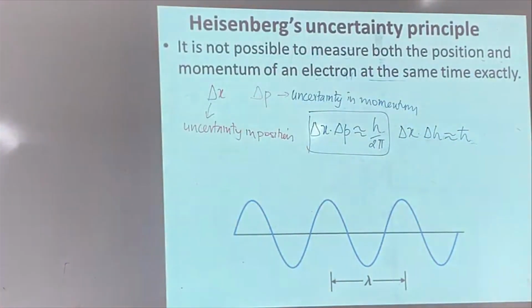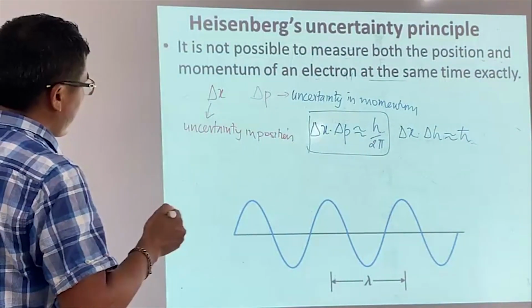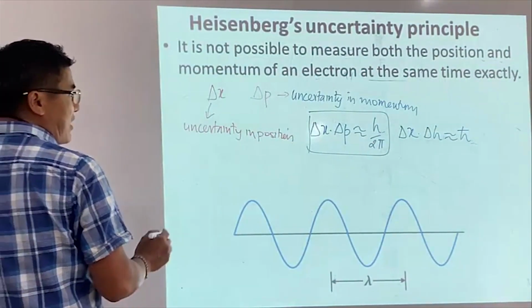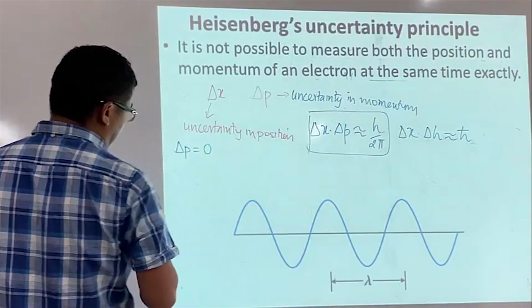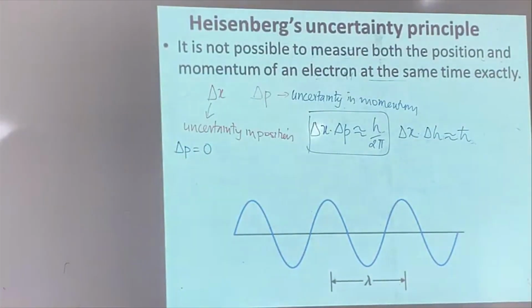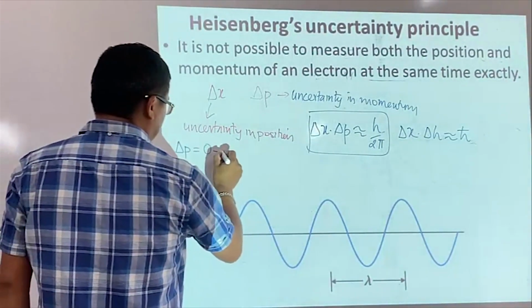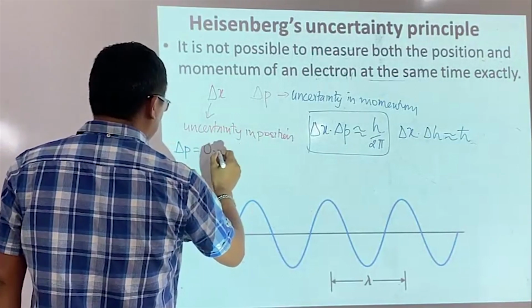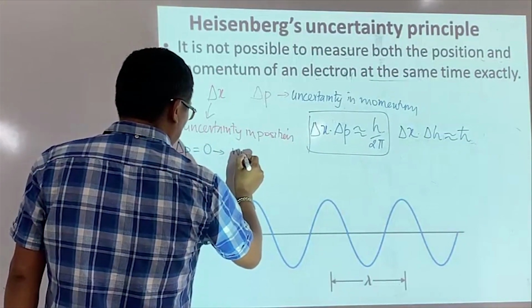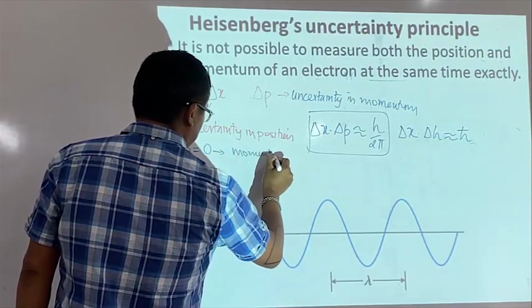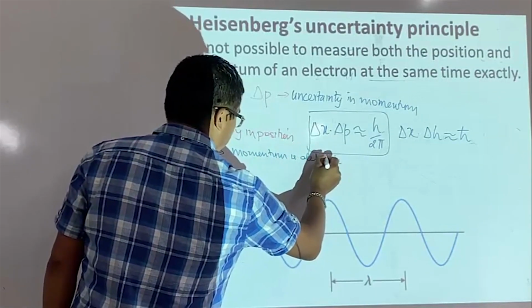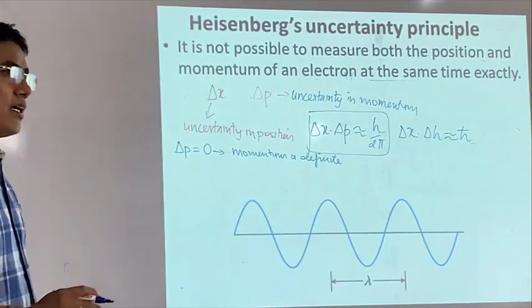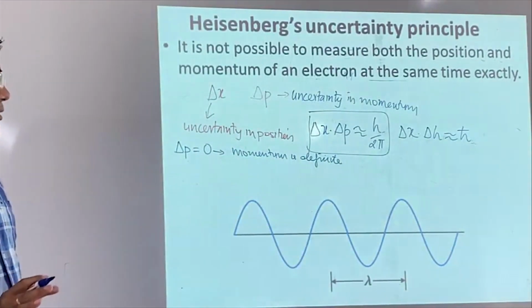Let's say the momentum is definite, that is, the uncertainty in momentum is 0, and there is no uncertainty in momentum.